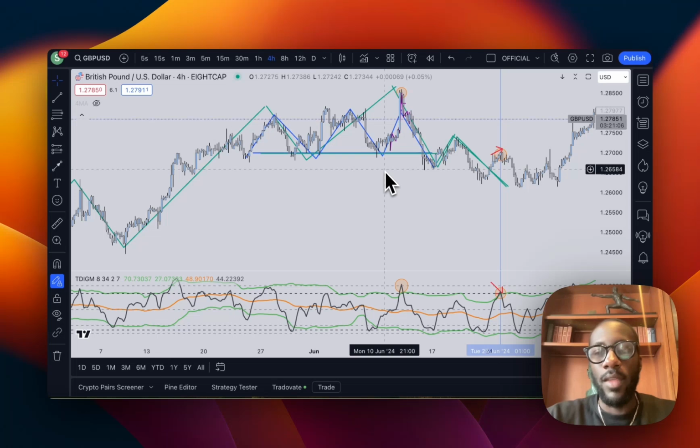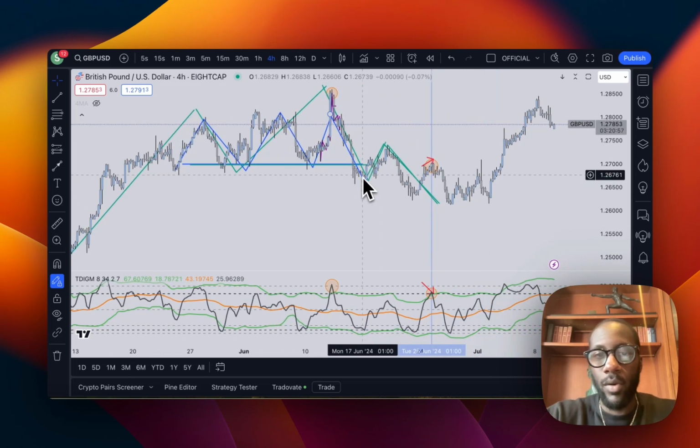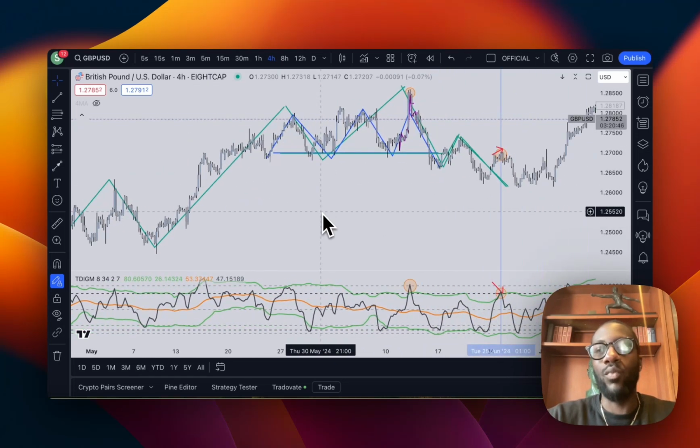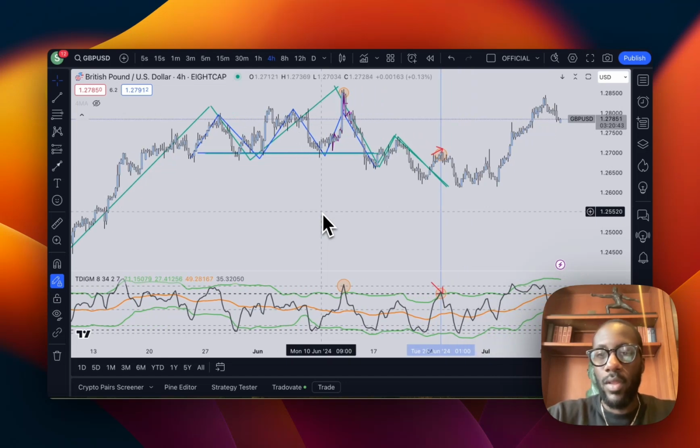All of that combined has enabled me to hit 85, 95, 90% when it comes to swing trades. And I implore anyone to definitely also look at TDI and to take a look at market structure and how it forms as well when thinking about your swing trading.